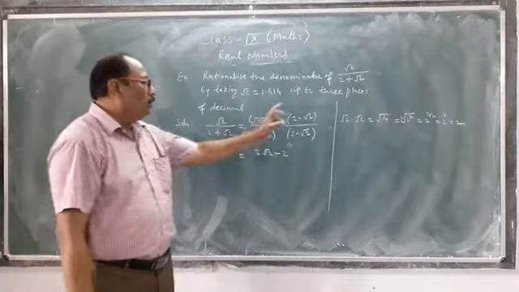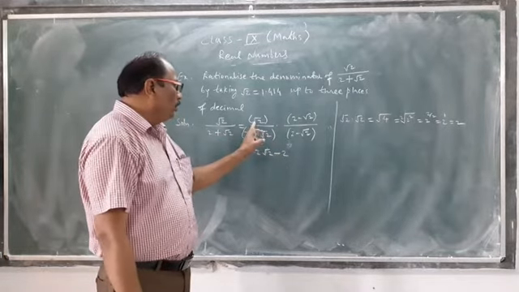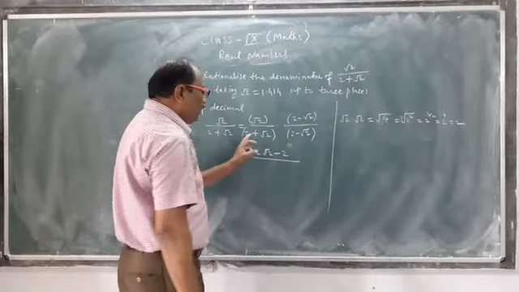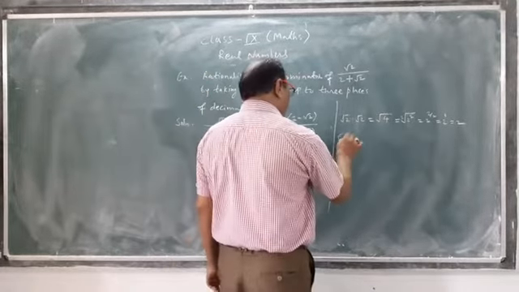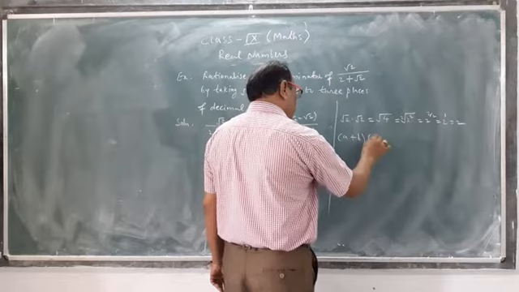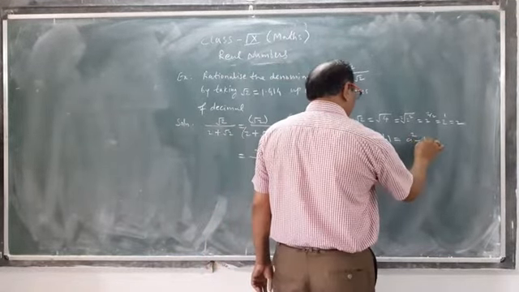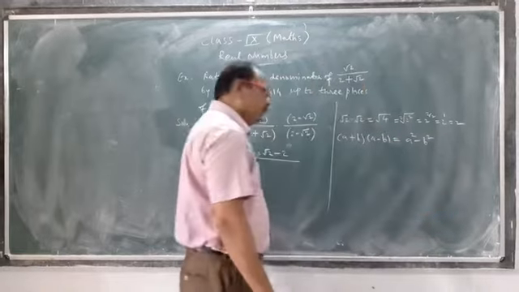So the numerator is 2 root 2 minus 2. In the denominator, we have a plus b into a minus b, which is a square minus b square.